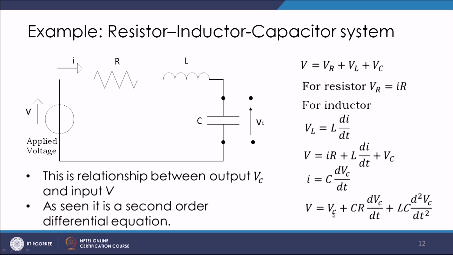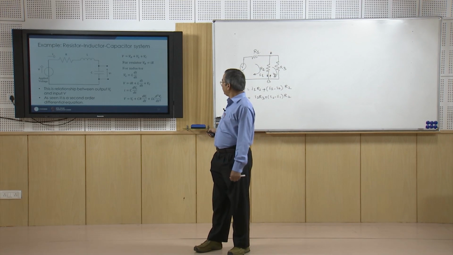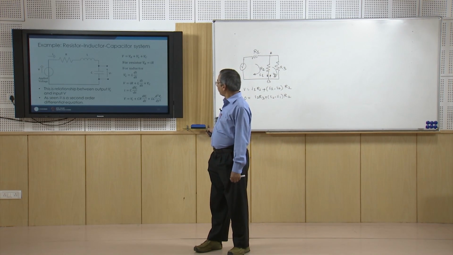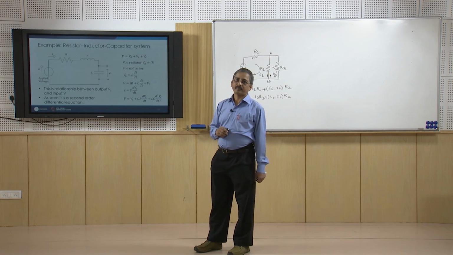So, V is equal to Vc plus CR dVc by dt plus LC d square Vc by dt square. So, you can see this equation is in terms of the input voltage V and the output voltage Vc, and moreover this equation is a second order differential equation.